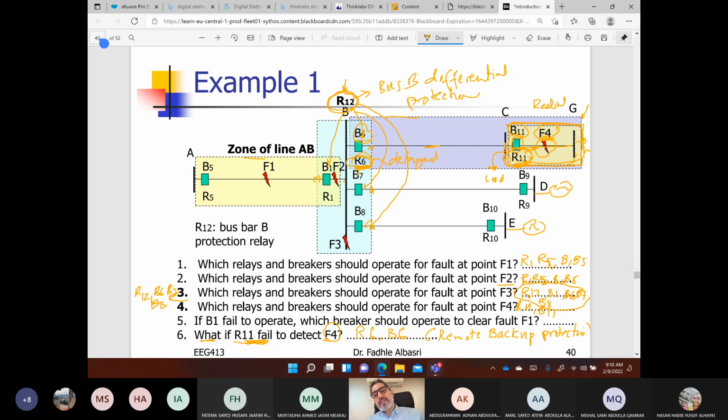The relays are at a far distance from each other at different locations and there is no communication between them. This one doesn't know if that one has failed, it only knows by time delay. It detects a fault and the fault persists for a long duration, so it knows that the other relay did not act. Okay.